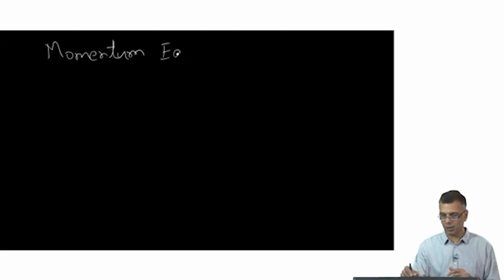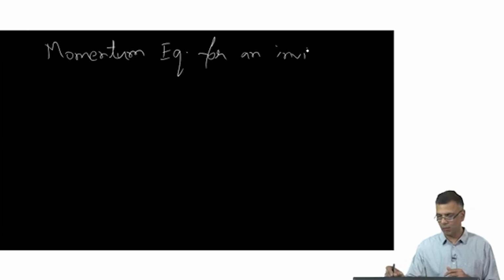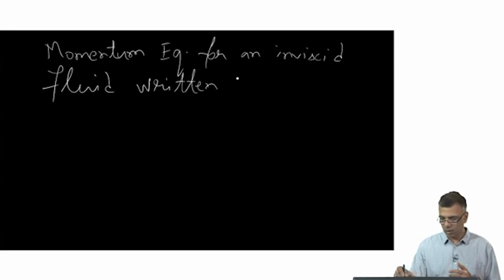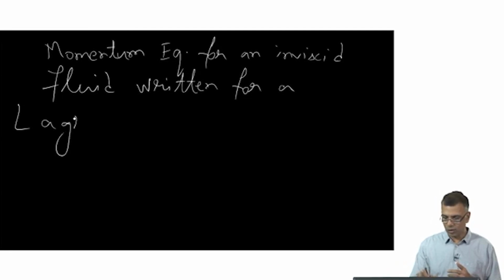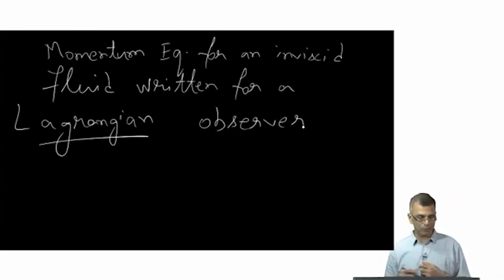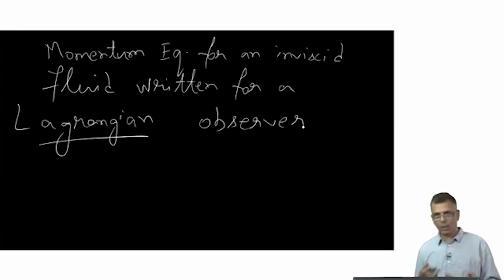Allow me to write this equation for an inviscid fluid, in other words the Euler equation, written for a Lagrangian observer, in other words an observer who is moving with the fluid parcel. So, what would be the momentum for a person who is moving with the fluid parcel?